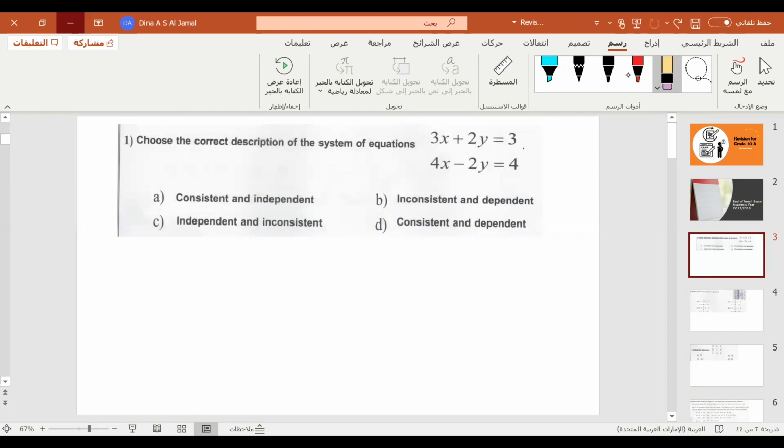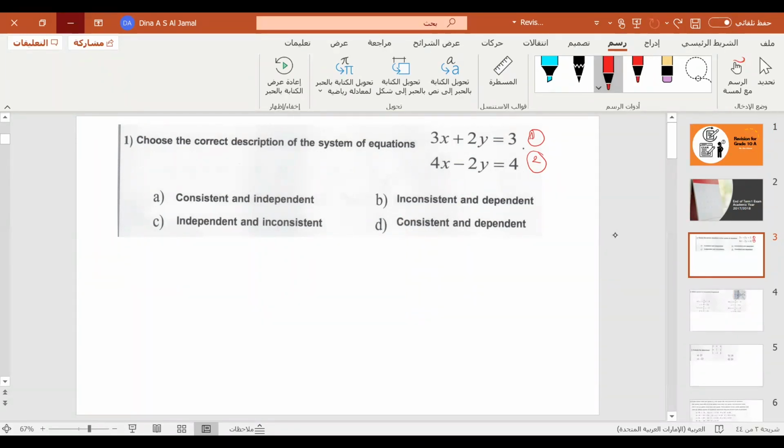Now let's see here. In the first MCQ, you are asked to choose the correct description of the system of equations, and he's giving you equation 1 and equation 2. So let's look at the choices before rushing to solve.